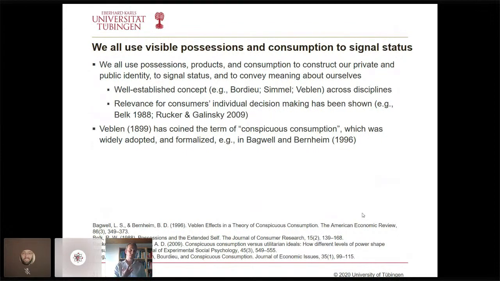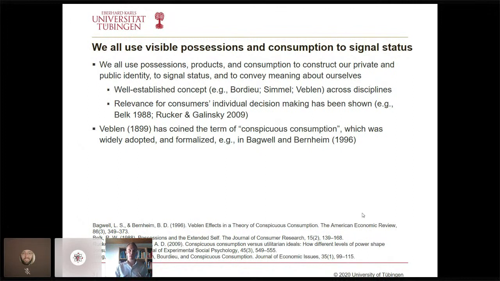So to give meaning to ourselves and to communicate this meaning to our social environment, to signal status essentially, or to convey meaning about ourselves. And that is not at all a new concept. That's nothing we came up with. But if you look to sociology, for example, there are names like Bourdieu, Simmel, Veblen.